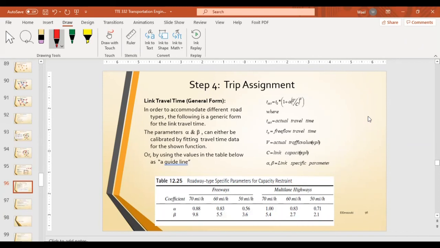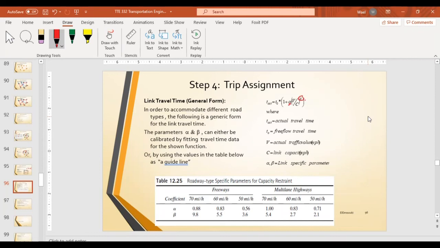Actually, this is a generic form for the travel time, where instead of having 0.15 and 4, it's alpha and beta, and it varies from one facility to another. So here, for example, the alpha and beta for freeways, alpha is 0.88 and beta is 9.5.